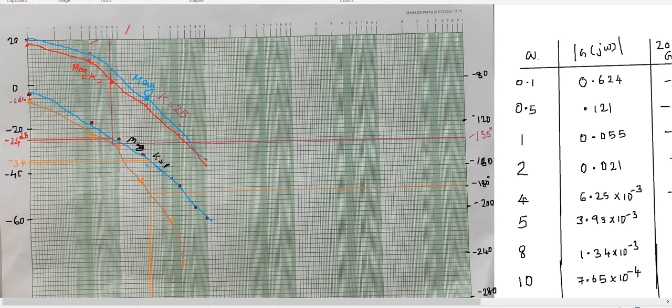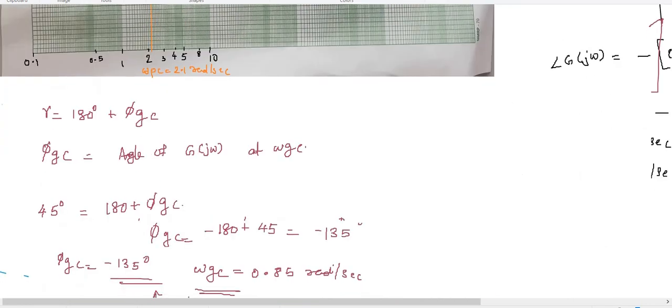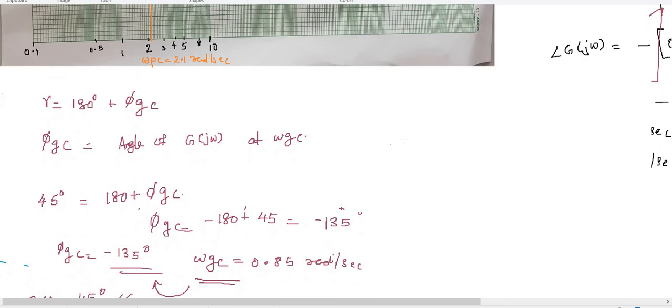So here also we can write the equation same as in the previous case: 20 log k plus 20 log magnitude of g of j omega, that is equal to 0.